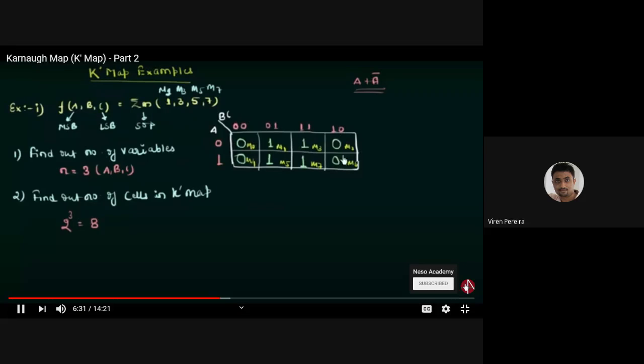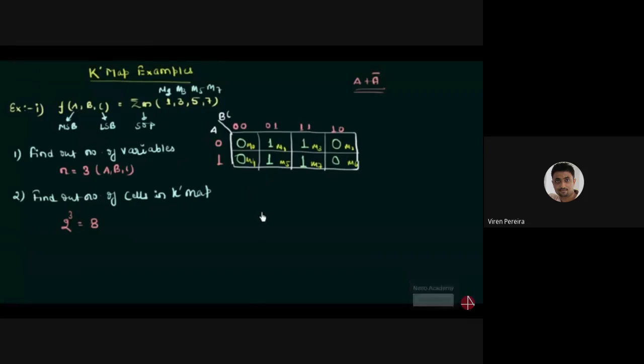So you just pair them up and write the value as 1, because the truth table is 1 for each and every possible combination. Then the second thing, after a pair of 8 ones, is the pair of 4 ones. We will look for a pair of 4 ones because we didn't have a pair of 8 ones, and I can see that I can pair these 4 ones with no problem.